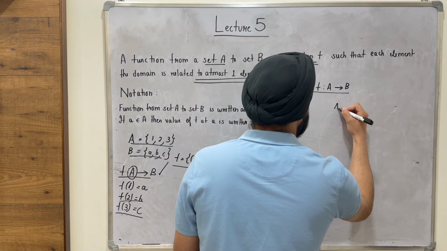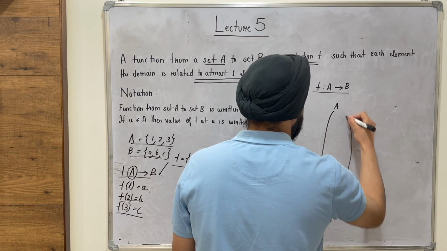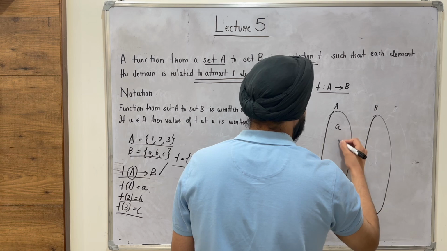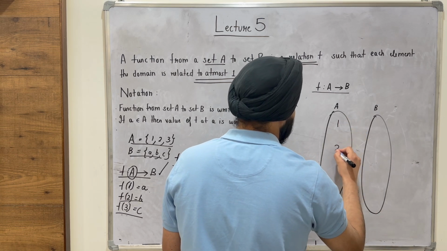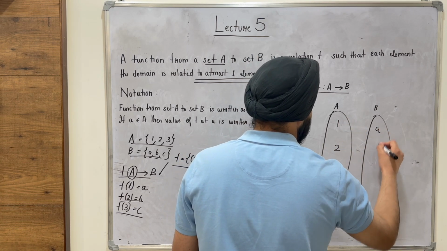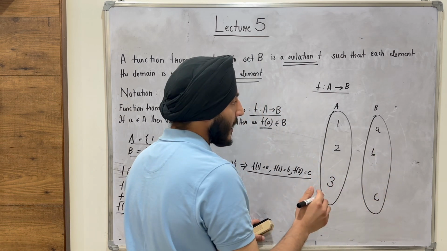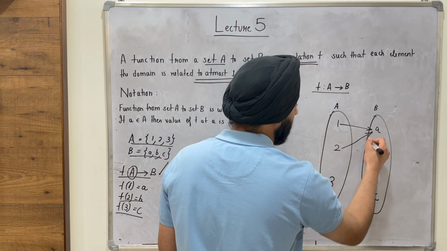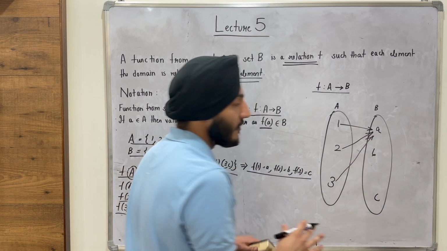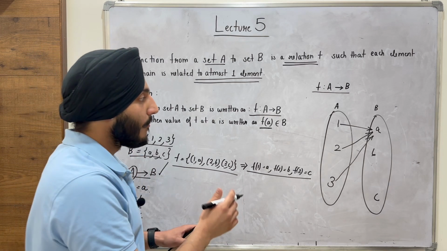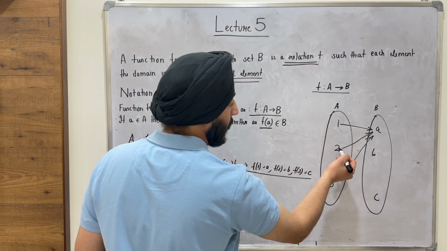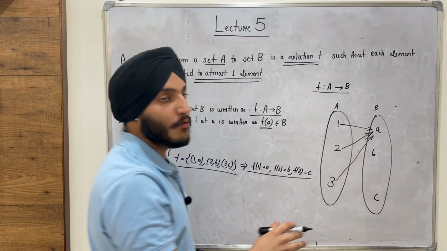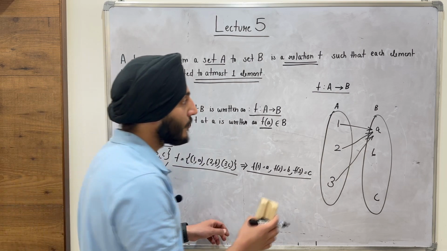So for example, if I have set A and I have set B, what I can do is, it could be the case that 1 points to A, 2 also points to A, and 3 also points to A. So this is completely justified, right? But in the case that 1 or 2 or 3, any of these elements were pointing to multiple elements in the set B, that would not be a function, right? So now let's move on to the next part.